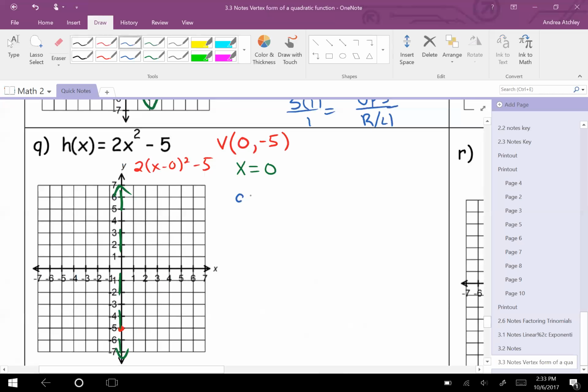Then my a value is 2. So it's a over 1, then 3a over 1, then 5a over 1. So I'm going to go up 2 and right and left 1. So the right 1, up 2. Left 1, up 2. Then 3 times 2.